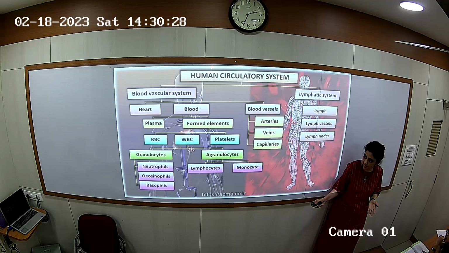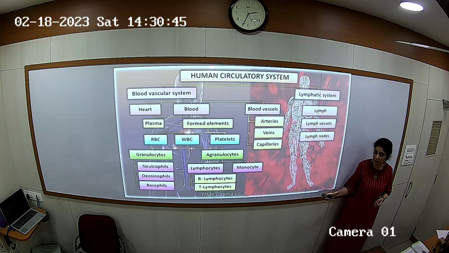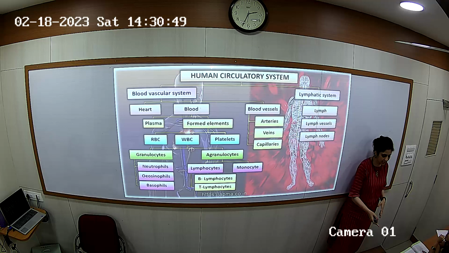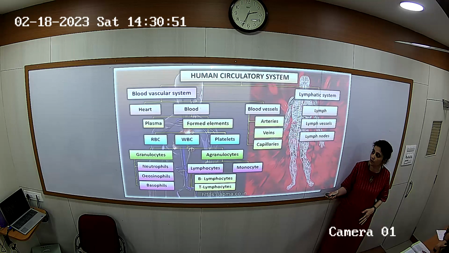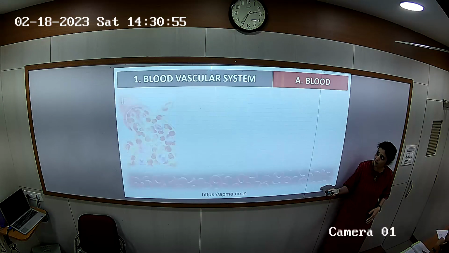Which are the granulocytes? Neutrophils, eosinophils, basophils. Which are the agranulocytes? Lymphocytes and monocytes. In lymphocytes, there are B lymphocytes and T lymphocytes. What is the difference? You'll see in the Human Health and Diseases chapter. Okay? So this is the mind map of the blood. It's not given in this format, but it is exactly how they are described in the textbook. Okay? So we are going to study one by one now.